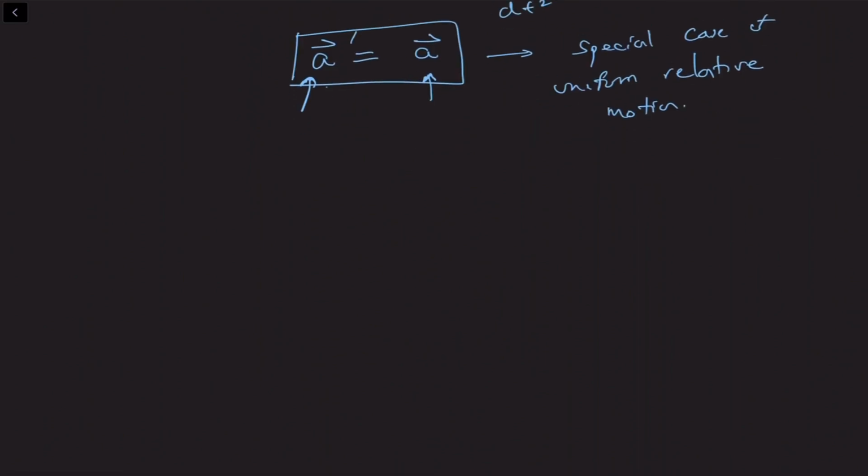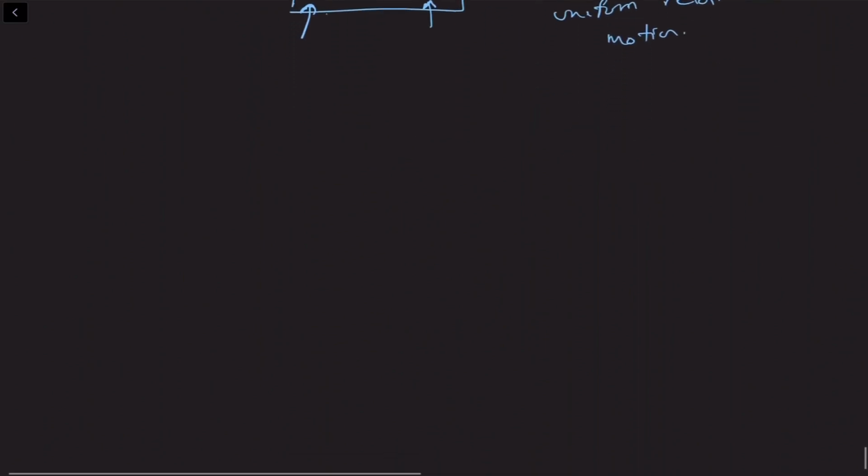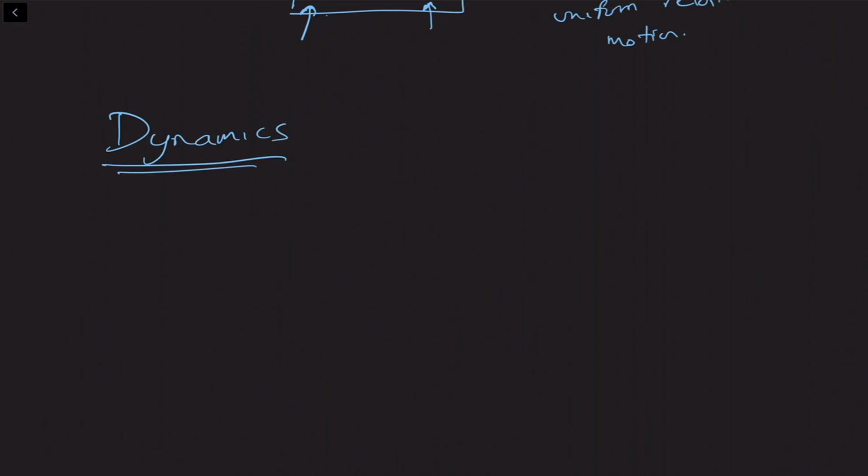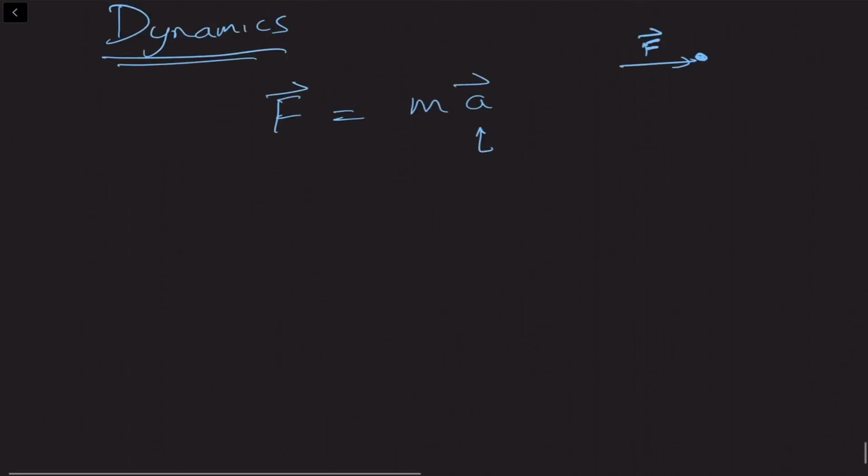Now let us come to Newton's laws and what the implication is for Newton's laws. So for dynamics, if we want to describe the force acting on an object, that force is mass times acceleration. So you have an object sitting over here, a force acts on it. But clearly different observers describe the acceleration differently, as we have seen, at least in the more general case.